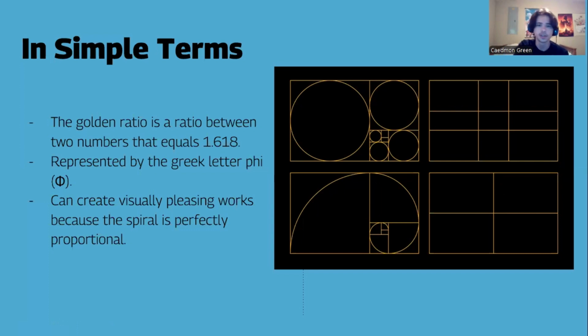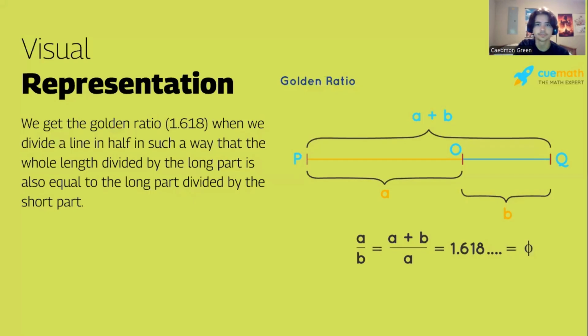So there's that. Here's a beautiful picture from Q Math of the golden ratio represented on a line, which is really helpful. So if we're bisecting a line in a certain way, where the whole line, which is A plus B, the ratio between A plus B and A is equal to the ratio between A and B. So we have this nice little formula down here that makes that a little easier to digest.